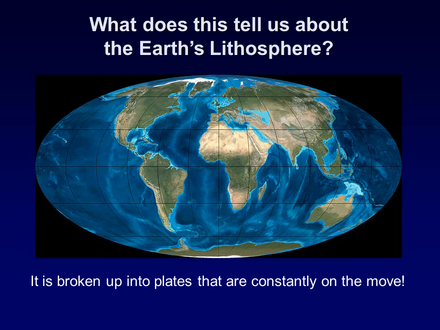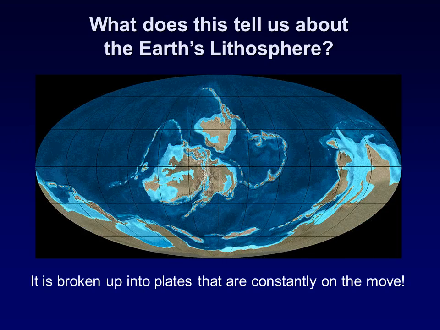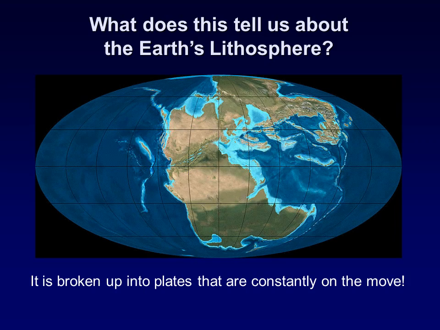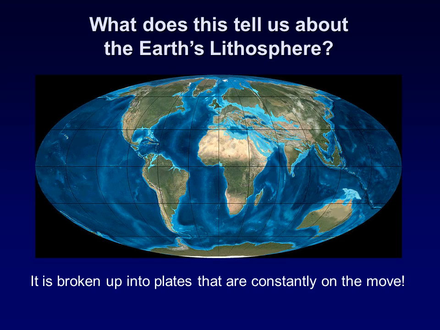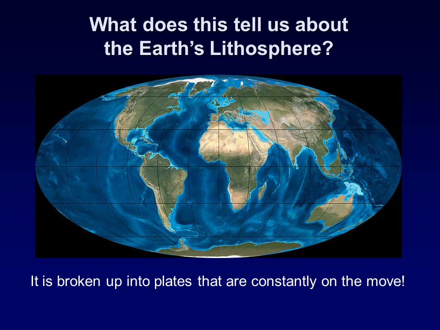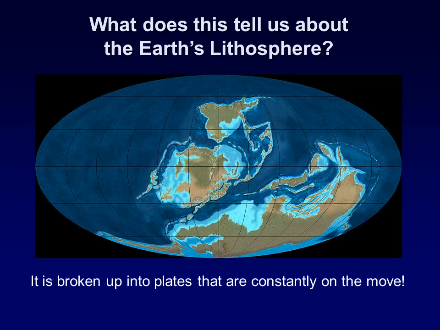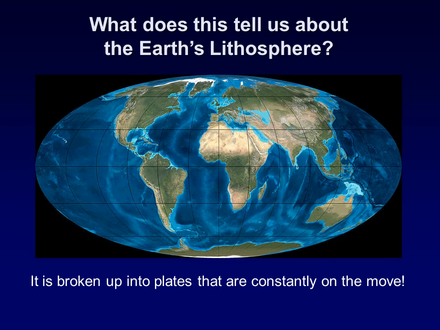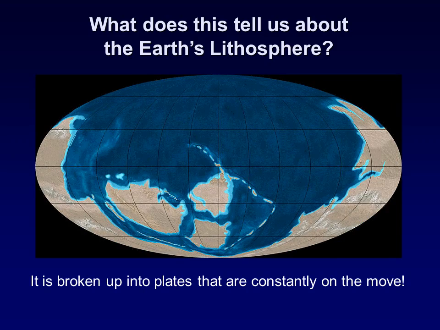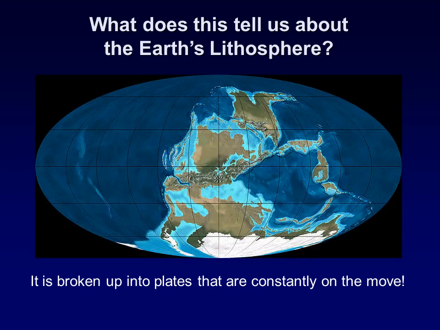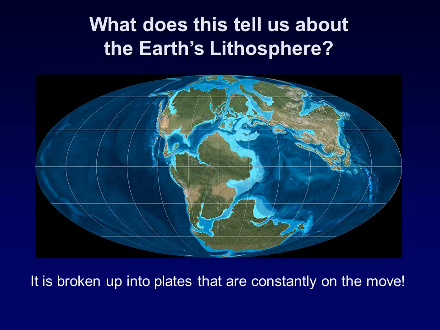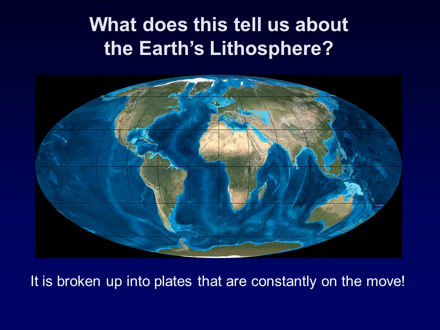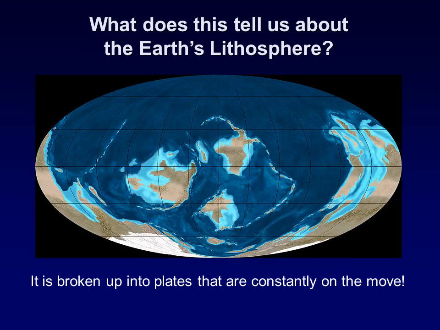So this is showing us how the plates have moved in the past. This is an actual reconstruction of how the continents have moved over time, how these land masses that are now the configuration that we think of for continents have morphed throughout time. It's pretty cool to watch.